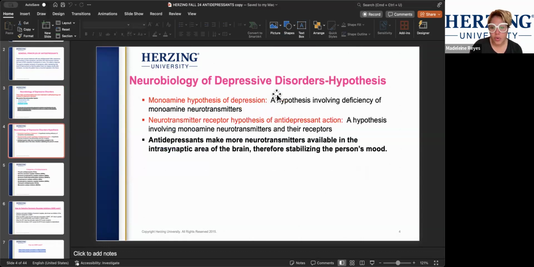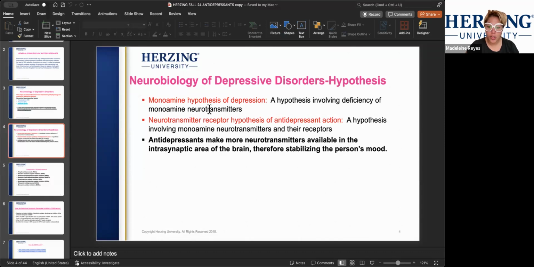The monoamine hypothesis of depression is a hypothesis involving deficiency of monoamine neurotransmitters. The neurotransmitter receptor hypothesis of antidepressant action is a hypothesis involving monoamine neurotransmitters and their receptors.